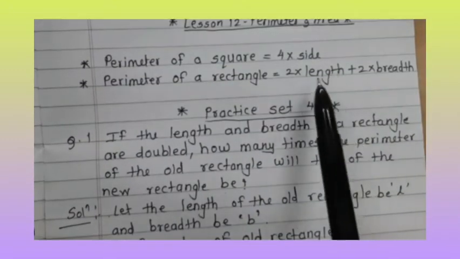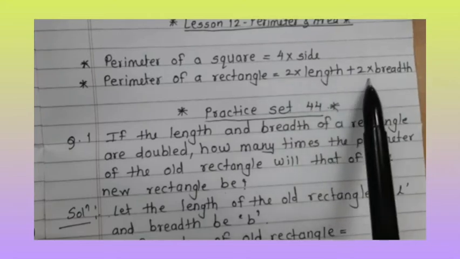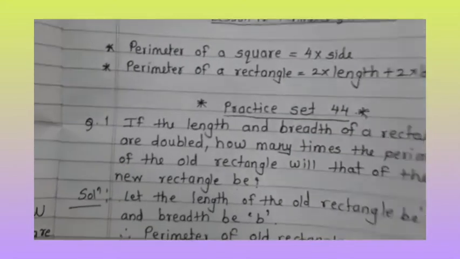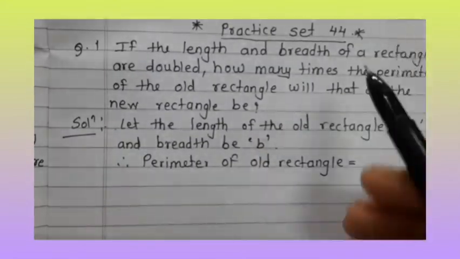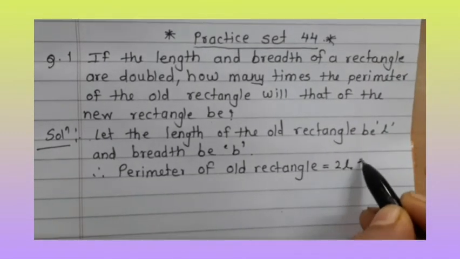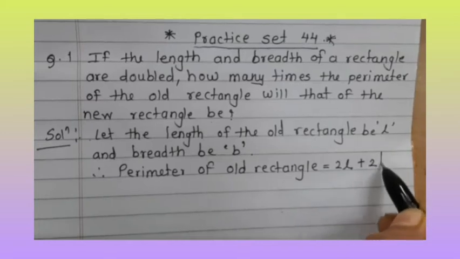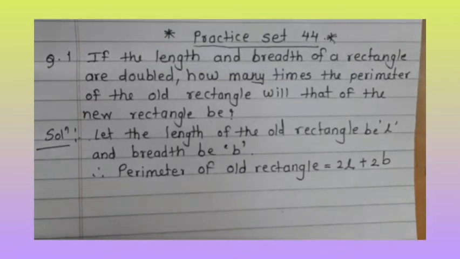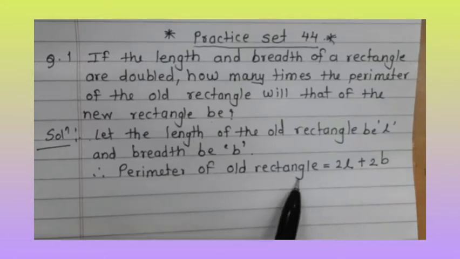The formula is 2 times length plus 2 times breadth. So here I can write it as 2 times length plus 2 times breadth. Okay. Now this is the perimeter of the old rectangle.